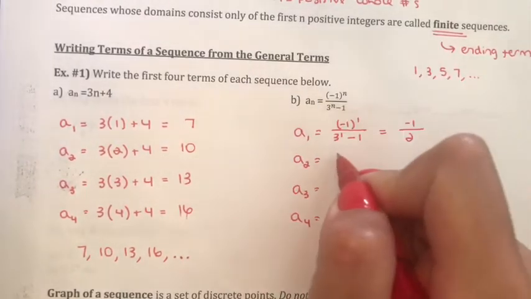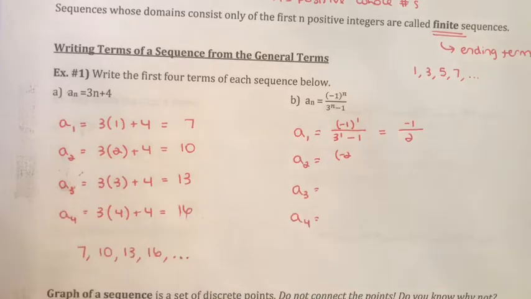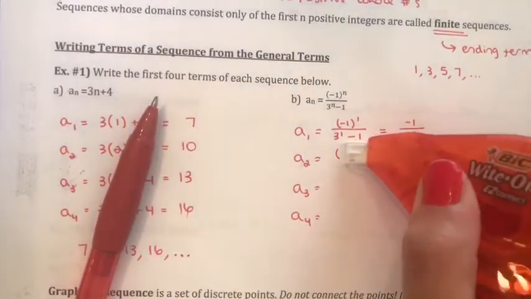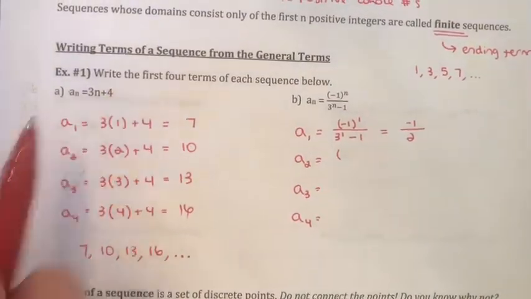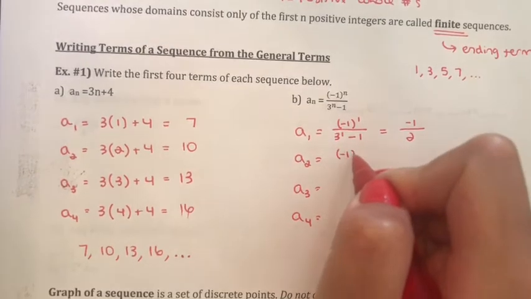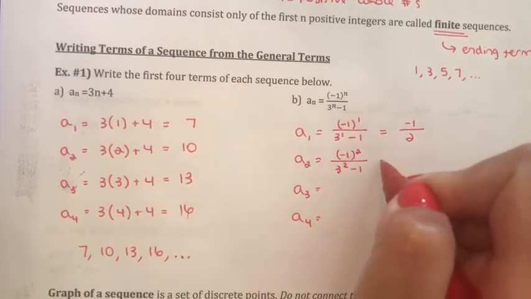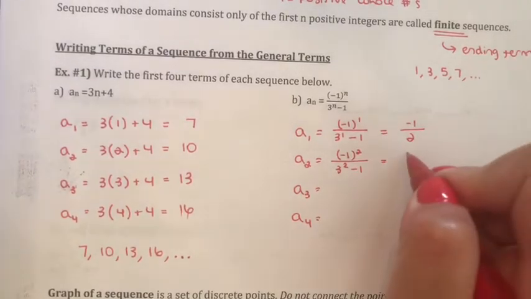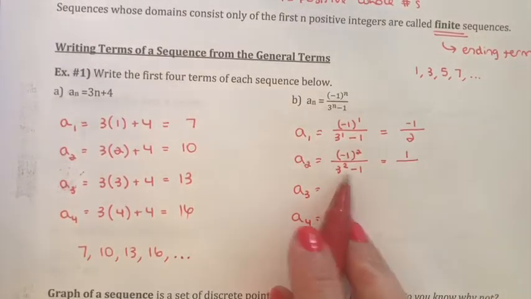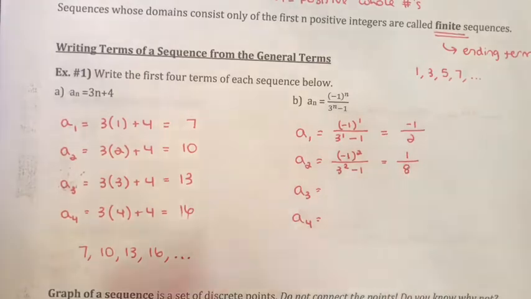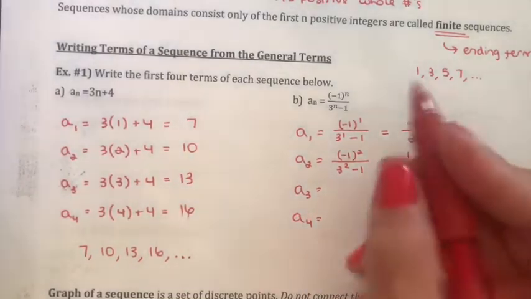For the next term, plug 2 in for n. Notice that gives me a +1 up top. 9 minus 1 is 8. Okay, and then we can keep going.